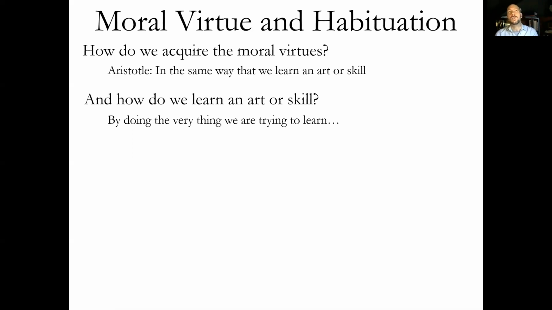You learn how to make a table by making tables. And yeah, maybe it doesn't go so well at first, but that's how you learn to do it. You learn to play the piano by playing the piano. That's how we learn arts and skills. You learn these things by doing them.